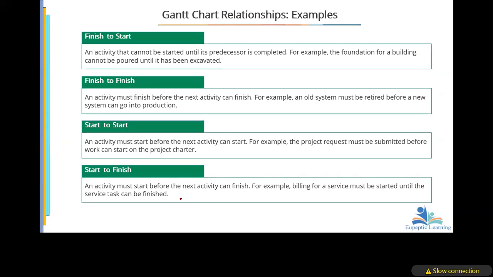But this one is the most widely used, the first one here. So these are the dependencies or the relationship amongst activities. Okay, so let's continue.